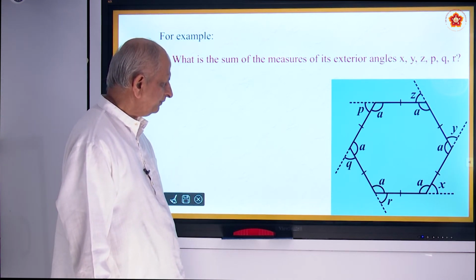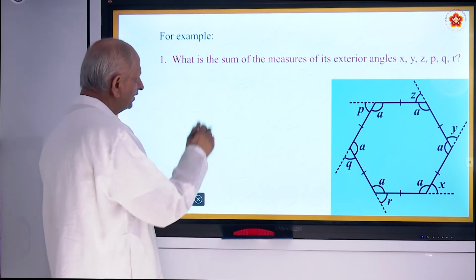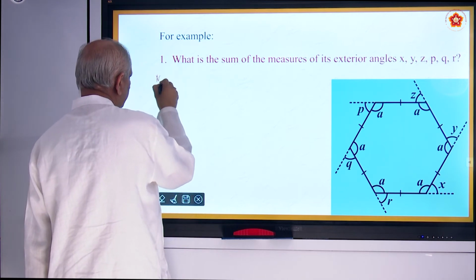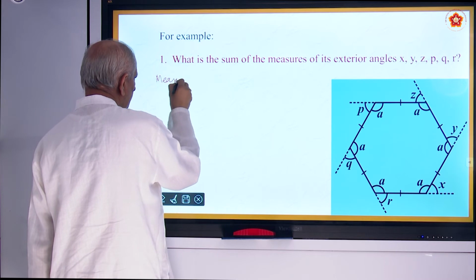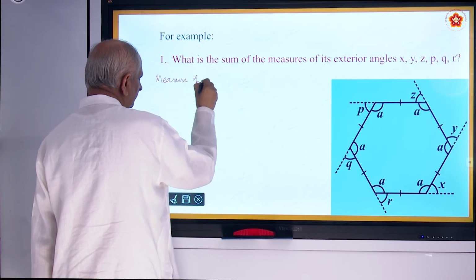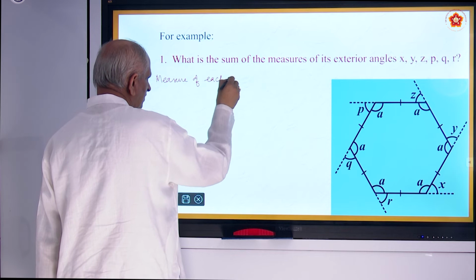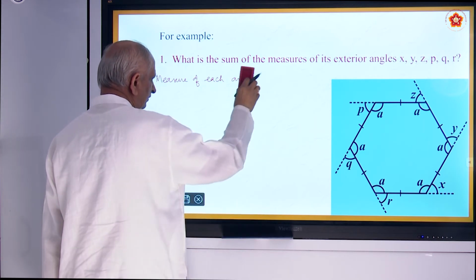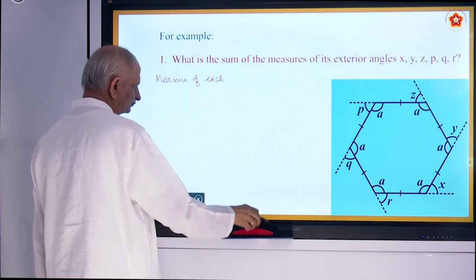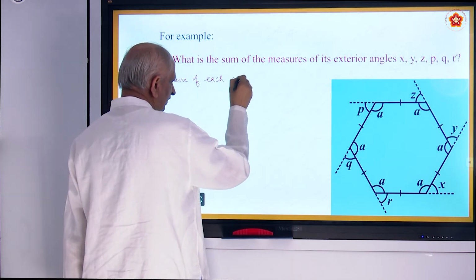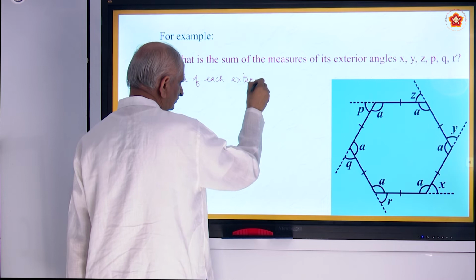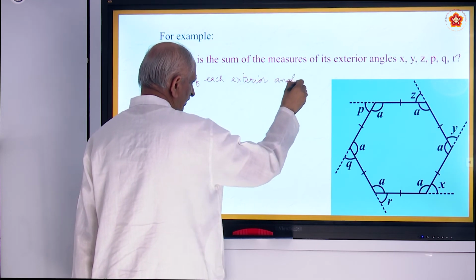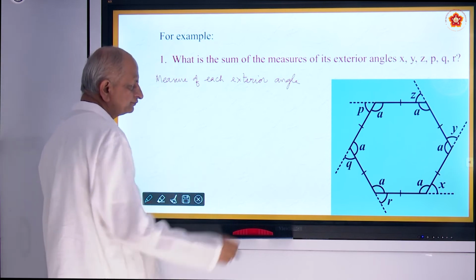So they are asking the measure of each exterior angle. Here it is a regular hexagon. Hexagon means how many sides?